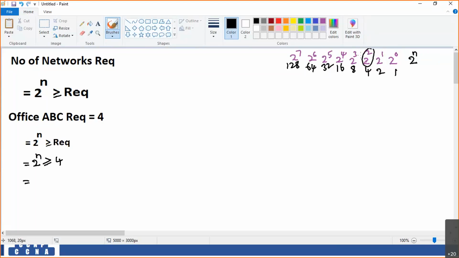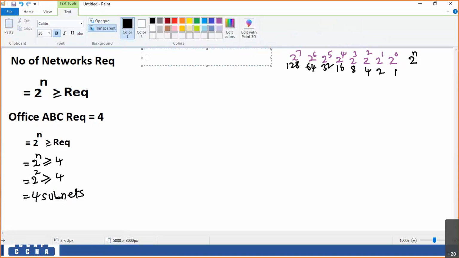So 2 power 2 is equal. 2 to the power of 2 is 4, so one network is divided into 4 subnets. Subnetworks, in short form, we call subnets. It's done.